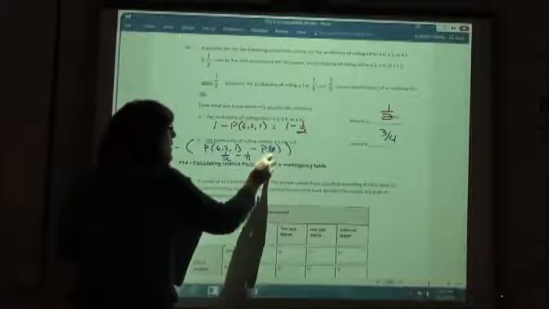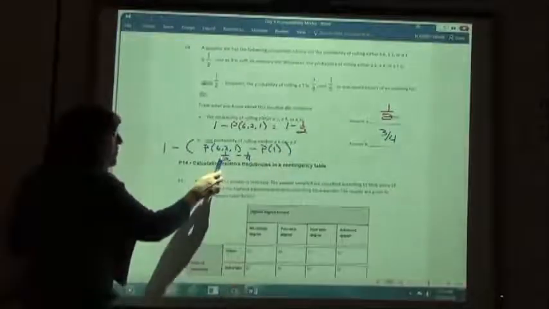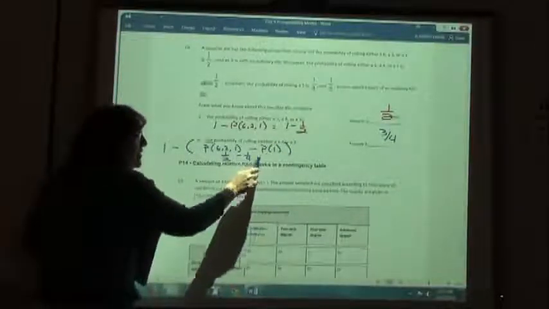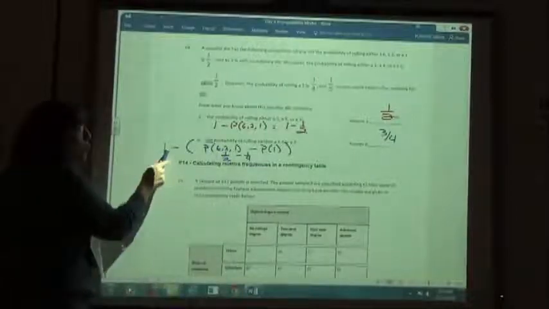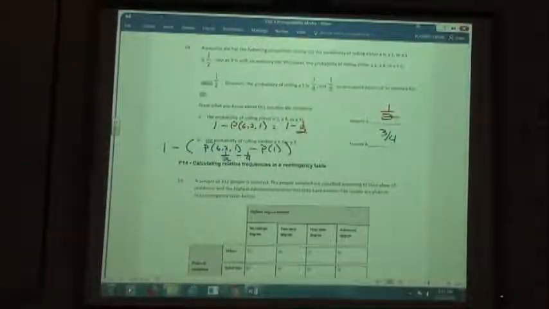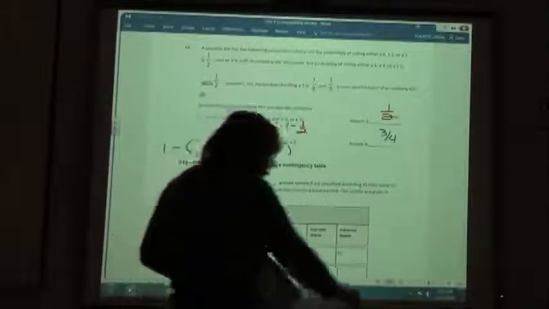So here we wanted neither the 6 or the 2, so we found the probability here of getting the 6 or the 2, and then again 1 minus that since we wanted neither of those. Those ones will probably take you some practice, I'm guessing.